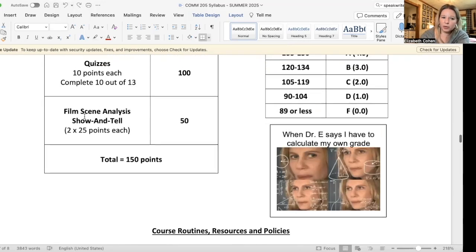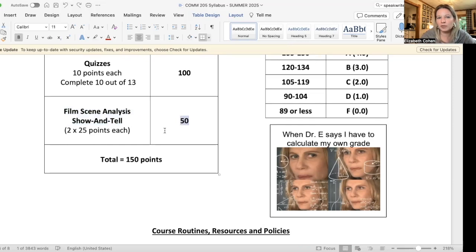There's a similar situation with these film scene analysis show and tells. There are 3 assigned. There's one that corresponds with each of the 3 weeks for the class where we cover different things. And the focus of what you write about is going to be tied to what we're covering that week. But just like the quizzes, you don't have to do all of them necessarily.